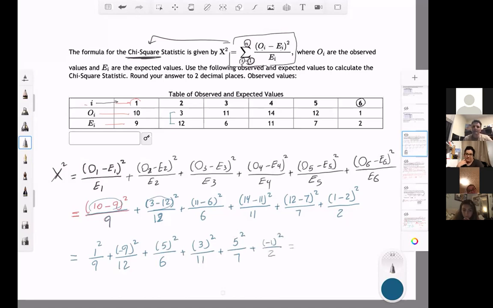If it is negative, I put it in parentheses. If it's not negative, we don't need parentheses.